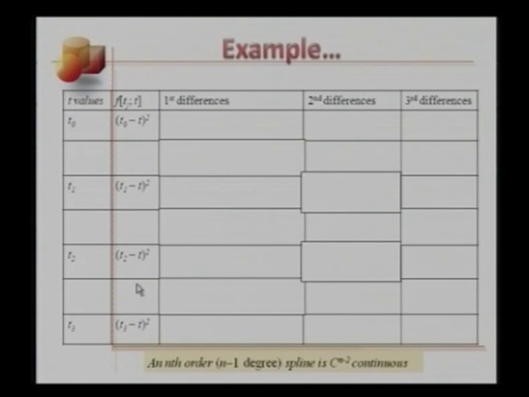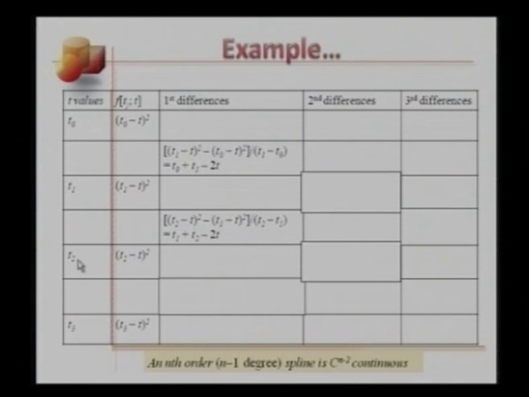The first difference, using this information here and this information here, can be written as (t1 minus t) the whole squared minus (t0 minus t) the whole squared, over t1 minus t0. Now this is equal to t0 plus t1 minus 2t.